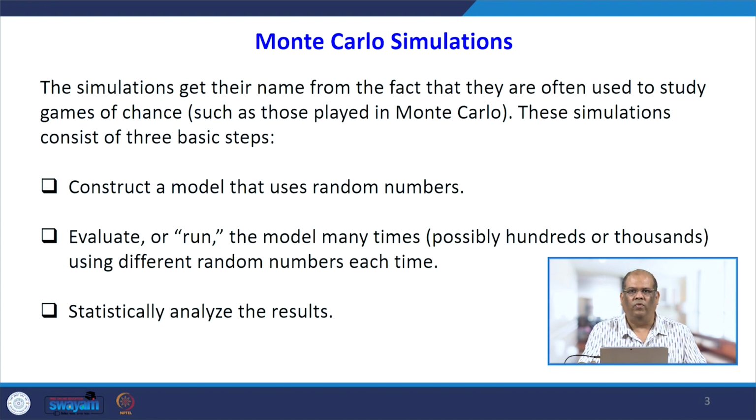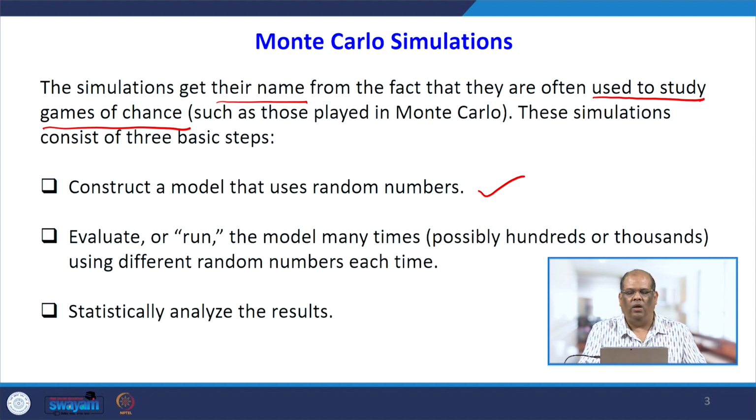The one we will be doing is called the Monte Carlo simulation, which got its name because such simulations are often used to study games of chance. This simulation consists of three basic steps. First, you construct the model using random numbers.